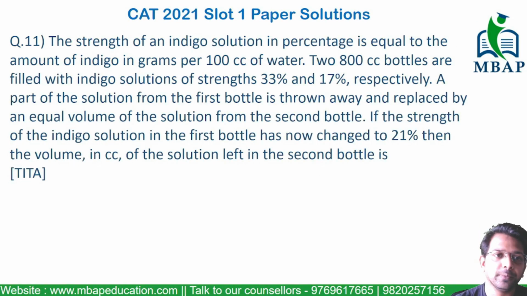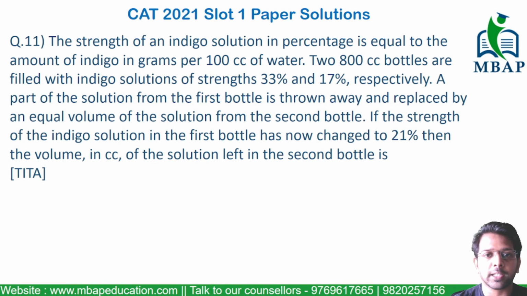Let's take the next question. Read it well. The question says, the strength of an indigo solution in percentage is equal to the amount of indigo in grams per 100 cc of water. Two 800 cc bottles are filled with indigo solutions of strength 33% and 17% respectively.